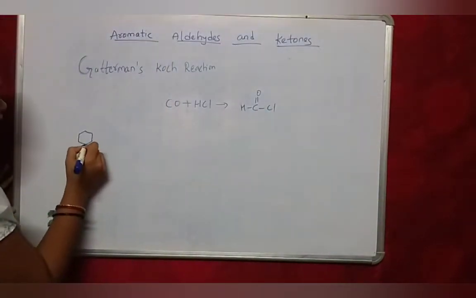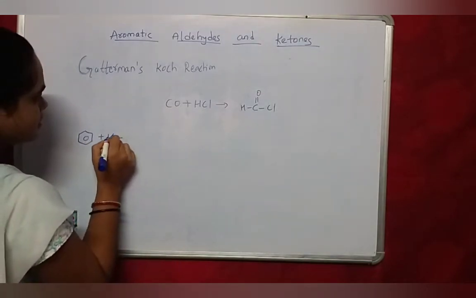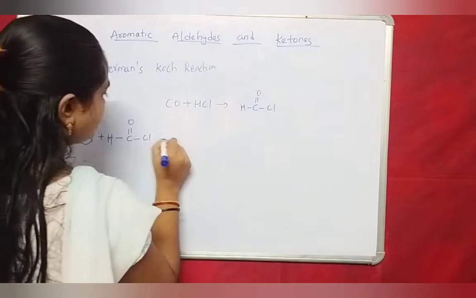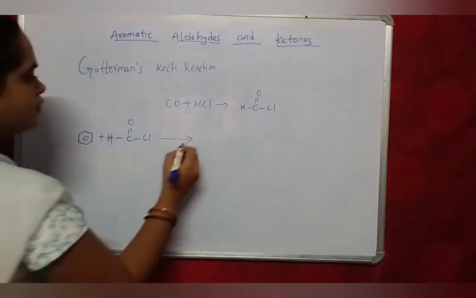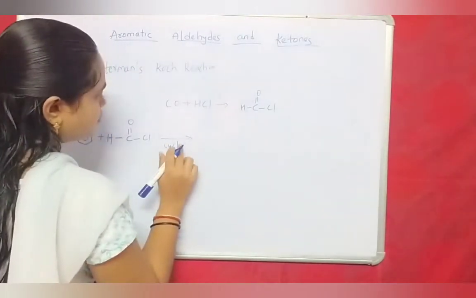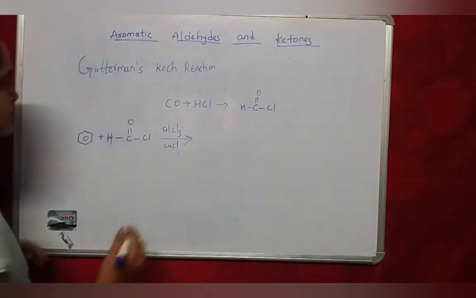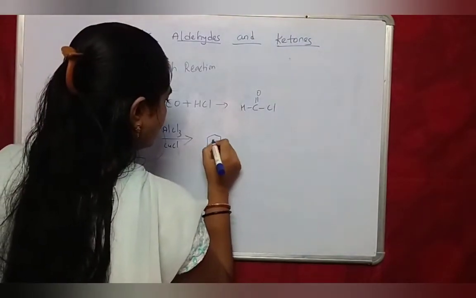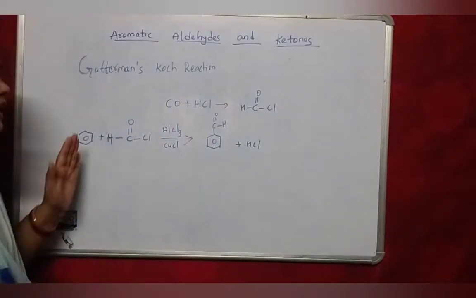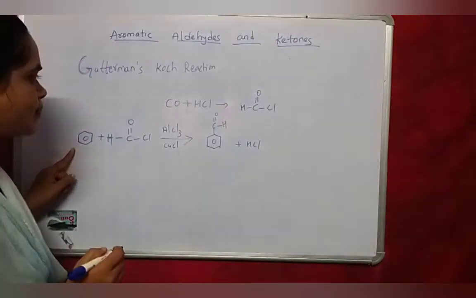When benzene is treated with this carbon monoxide along with HCl, in presence of anhydrous aluminum trichloride and cuprous chloride, it forms benzaldehyde plus HCl.